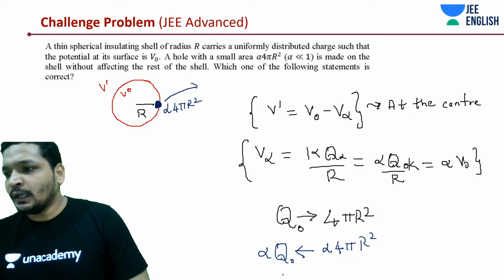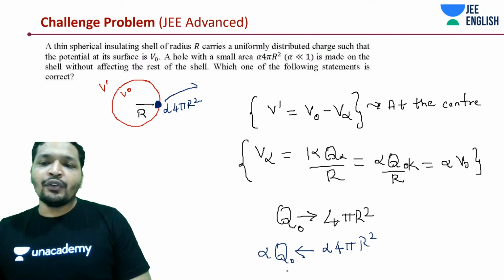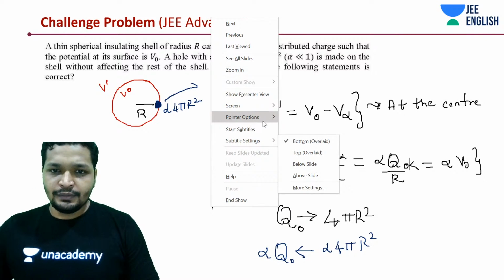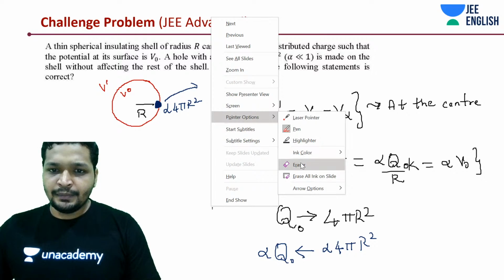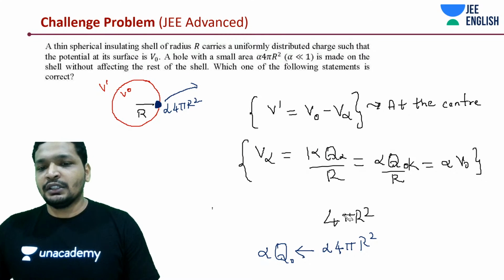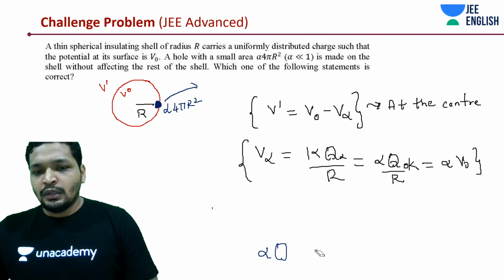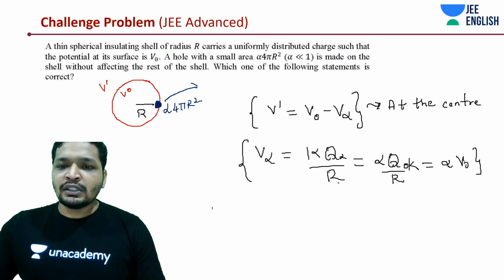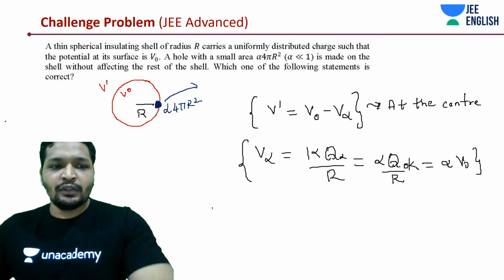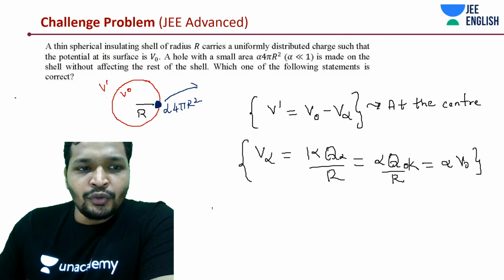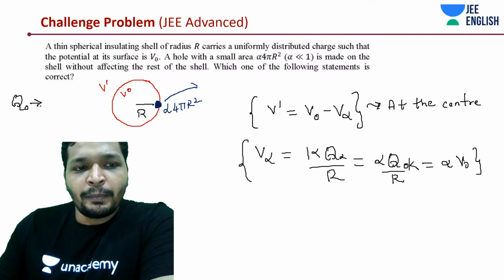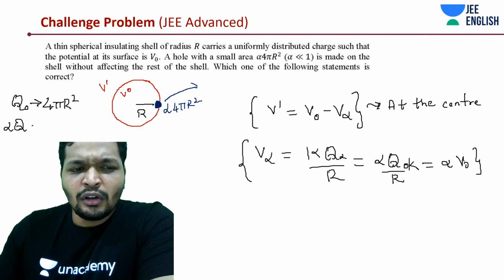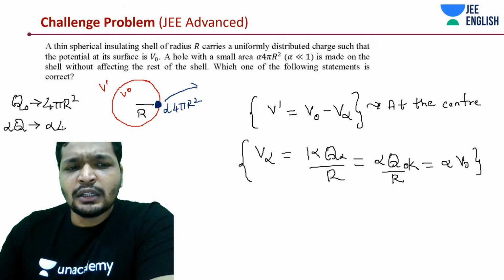Now the thing is, how do you do this? You will simply say at the center. I'm erasing this part. I think this should be clear now. The charge is Q naught on the entire 4 pi r square, then alpha into Q naught on alpha into 4 pi r square.